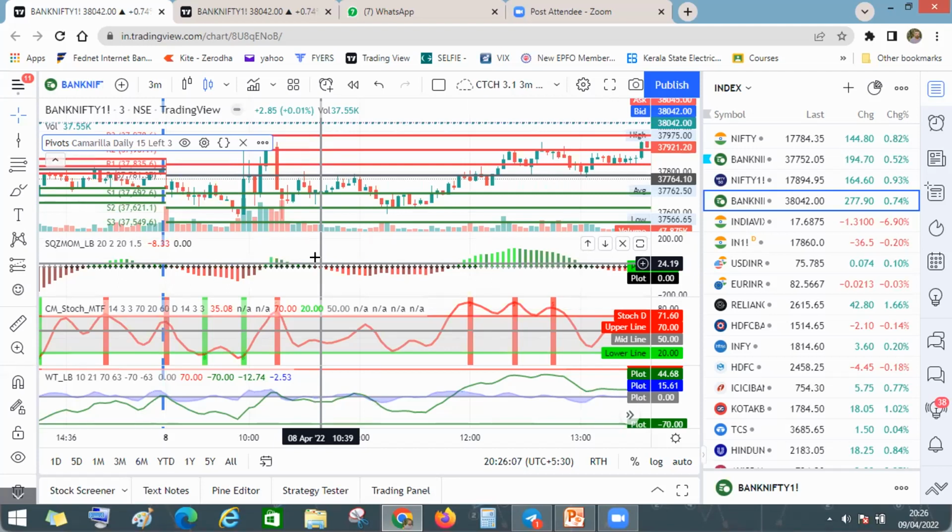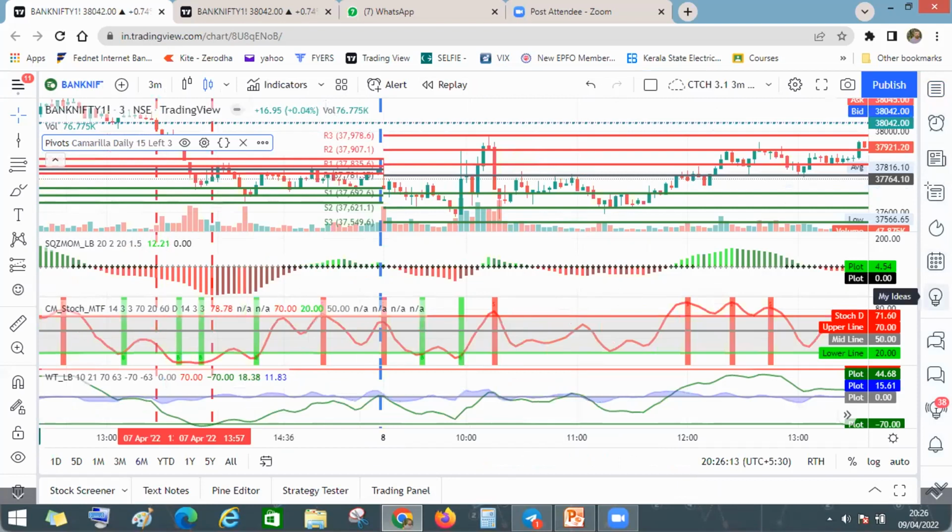Charles, if you could just remove the sidebar, please. Yes, thank you. So here you can see R1, R2, R3, everything marked on the left side, and S1, S2, S3 are the green lines, with the gray line in the center. So we are ready to use this indicator.